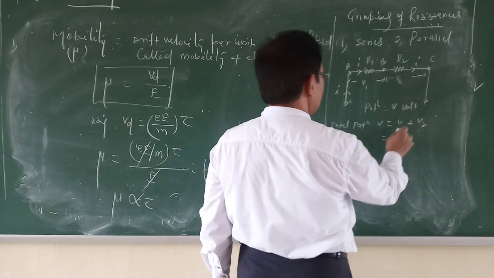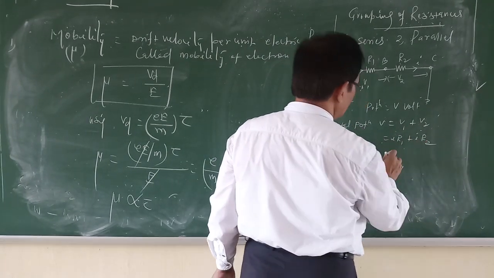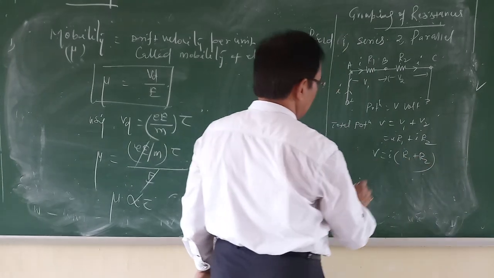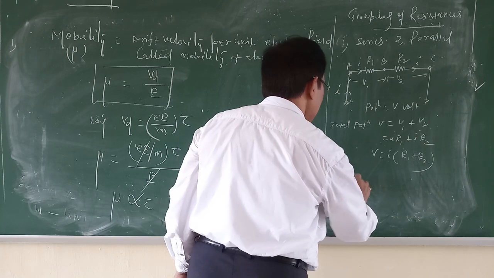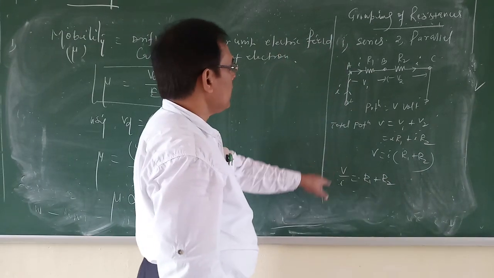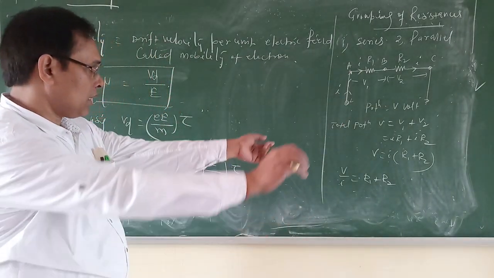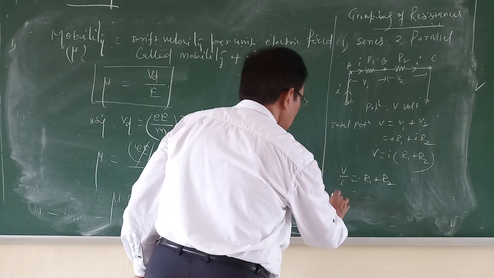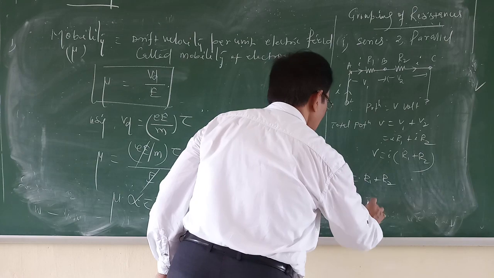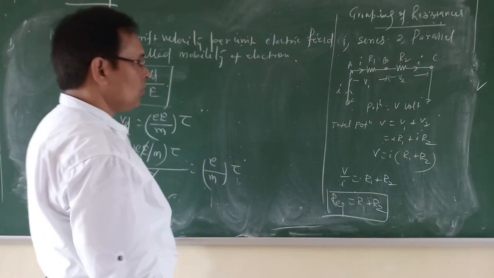And use the formula V equal to I R1 plus I R2, I common (R1 + R2), or V upon I equal to R1 plus R2. V is the total potential, I is the total current. So total potential by total current is called total resistance. So this is R equivalent equal to R1 plus R2. This is for series grouping.